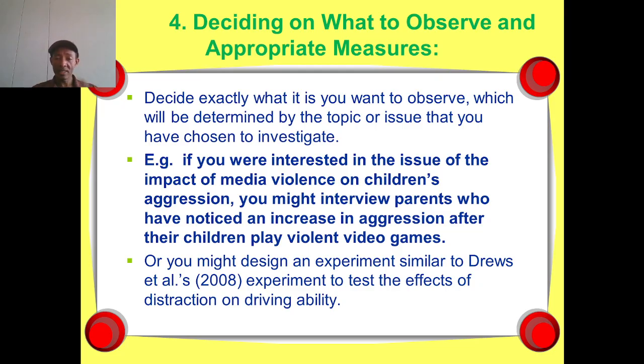Or you may use an existing tool, an existing experimental design, like for instance Drews' experimental design, adopt or adapt that type of experimental design to test the effects of distraction on driving ability.